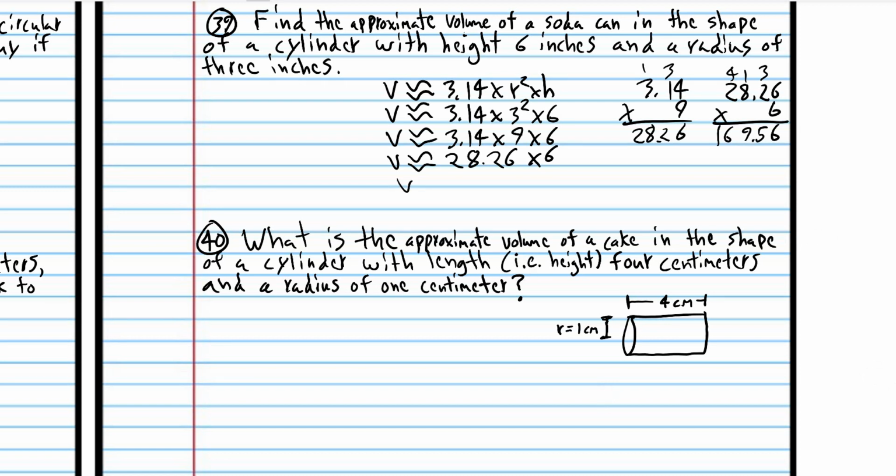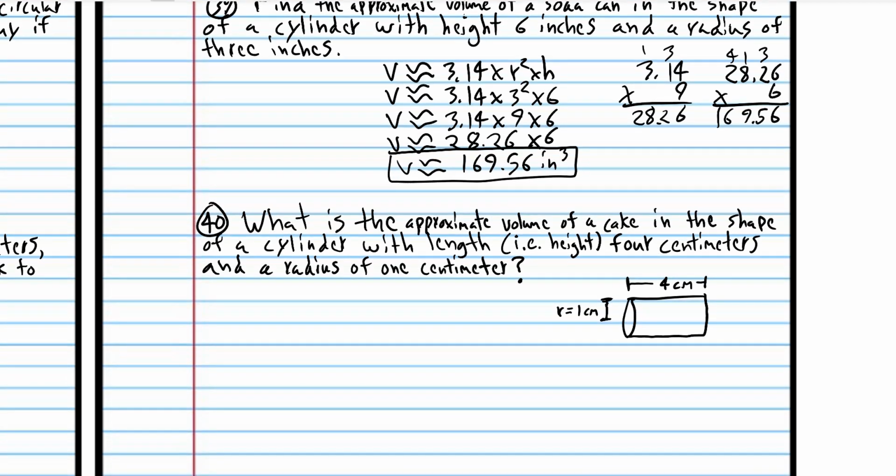And we get 169.56, and that should be inches cubed because it's volume. Remember, you put a 2 there if it's area, you put a 3 there if it's volume, and so forth.